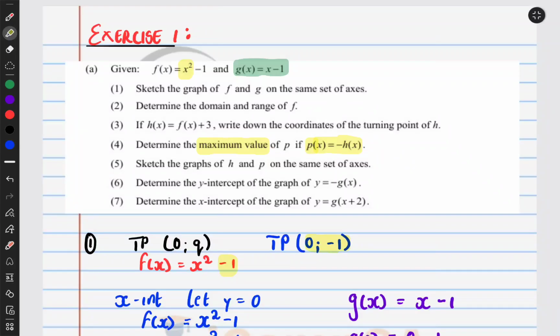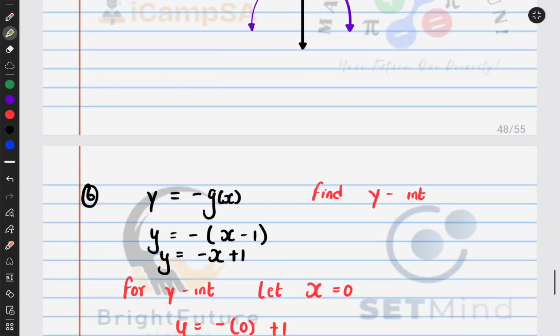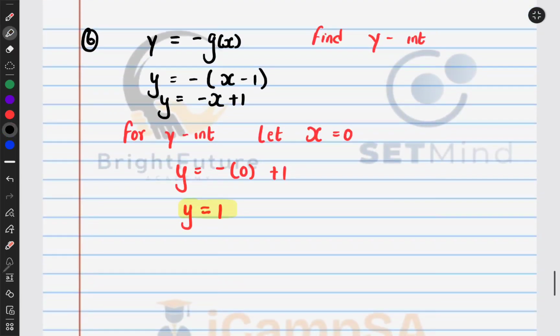And then next we have number 7. Determine the x-intercept of the graph of y is equal to g at x plus 2. So first thing first, we have to find the graph of y, which is g at x plus 2. So for number 7, we have to find the x-intercept for the graph of g at x plus 2.